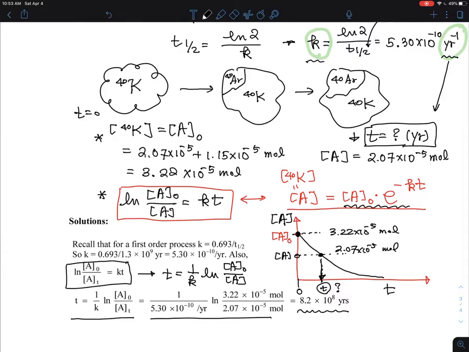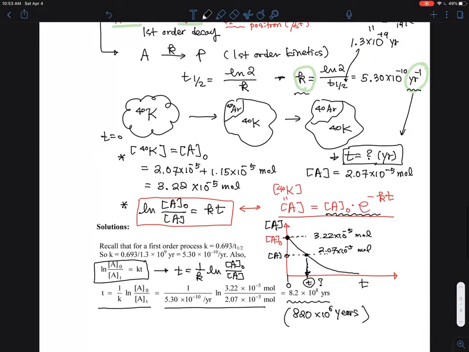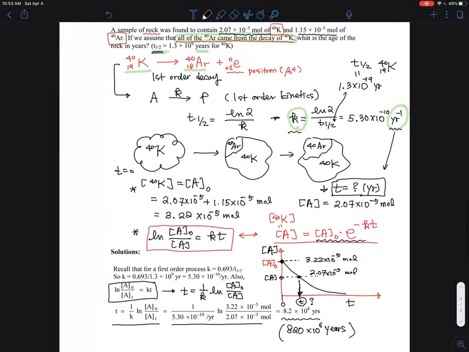That means 820 times 10 to the 6 years, which is 820 million years ago. This rock was formed. So that's how isotope first order decay kinetics can be used.